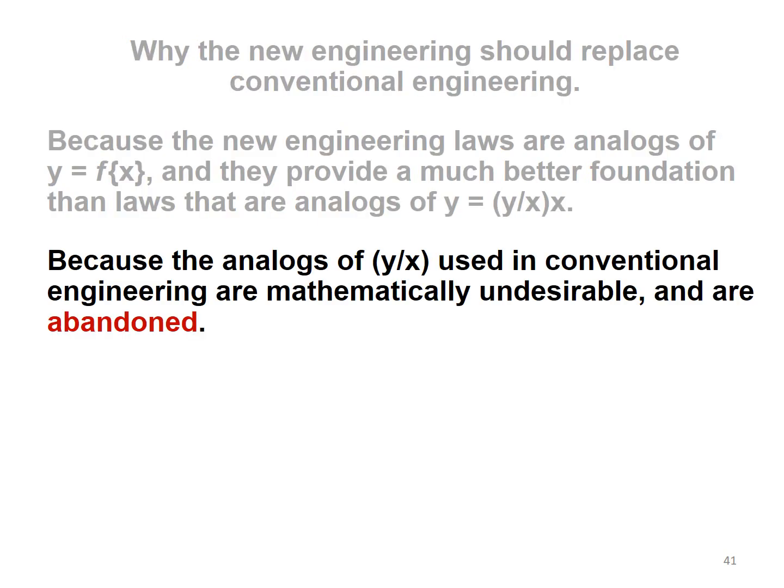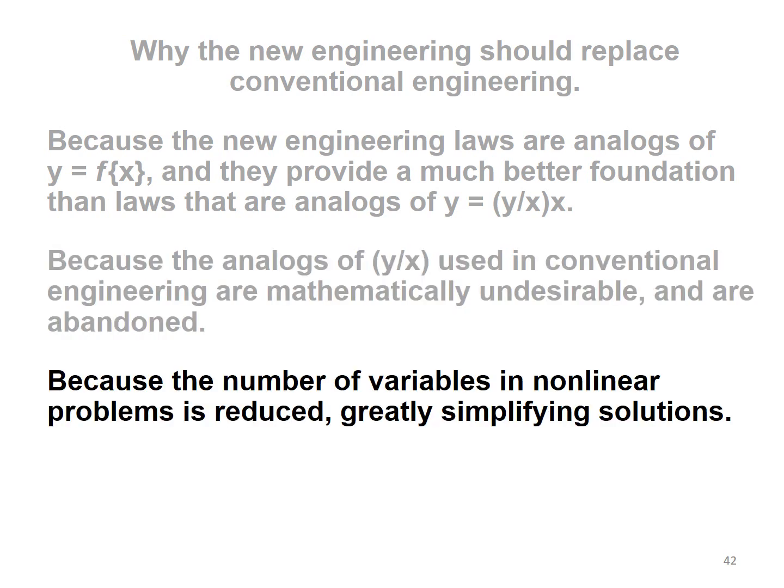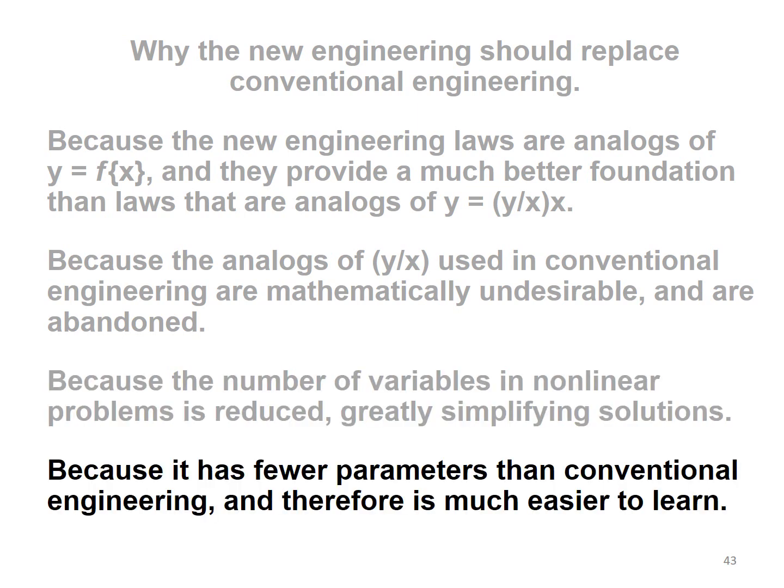And because the analogs of y over x used in conventional engineering are mathematically undesirable and are abandoned. And because the number of variables in nonlinear problems is reduced, greatly simplifying solutions. And because it has fewer parameters than conventional engineering and therefore is much easier to learn.